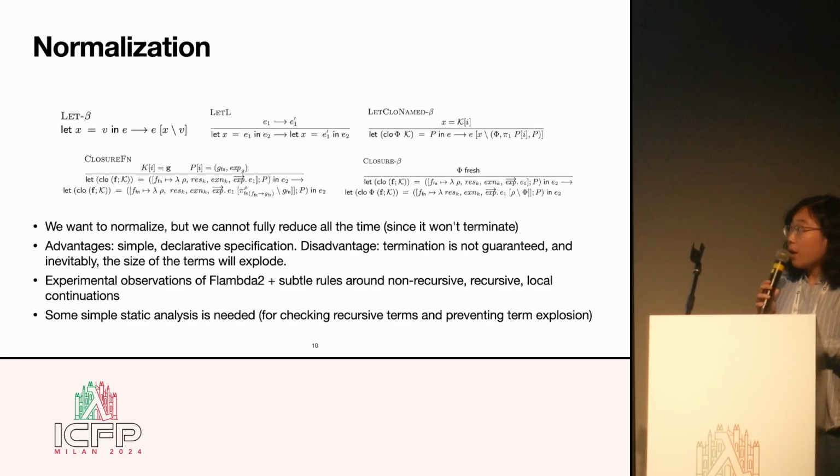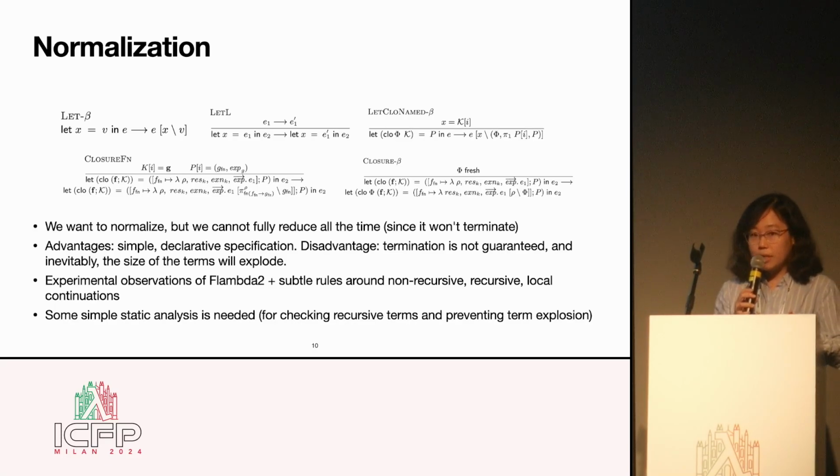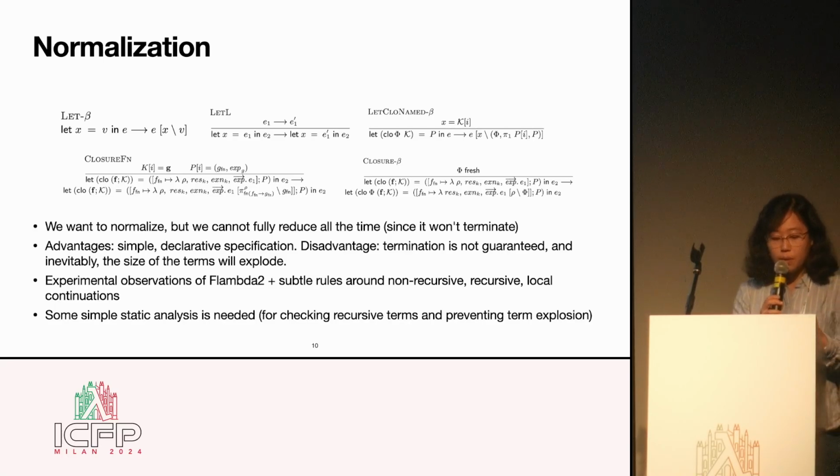So our approach was that we try to define as simple an operational semantics as possible for this data flow-based optimization. And one disadvantage that we do have is that termination is not guaranteed under our normalization scheme. We have no proof of termination for our normalization. And the size of the terms, although we have tried to keep it as small as possible, tend to be quite big because we allow for full sub-expressions in arguments.